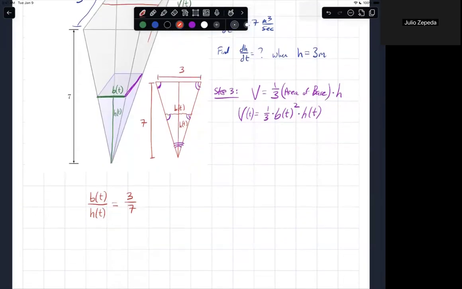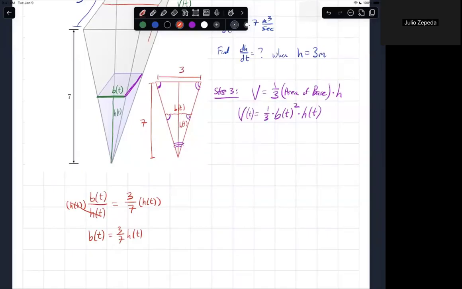So we can solve this equation here for b of t by multiplying by h on both sides. So notice that b can be replaced by 3/7 h of t. Okay.